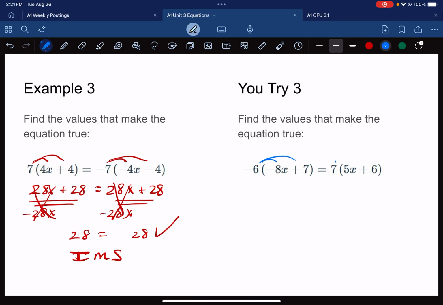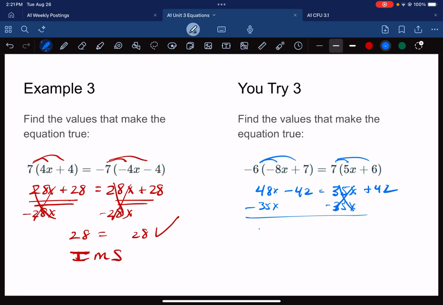All right, more distribution. Positive 48x. Negative 6 times 7, negative 42. Positive 35x and positive 42. Well, this one, the x's don't look the same at all. I don't think they're going to drop out. Let's get the x's together by subtracting 35x.